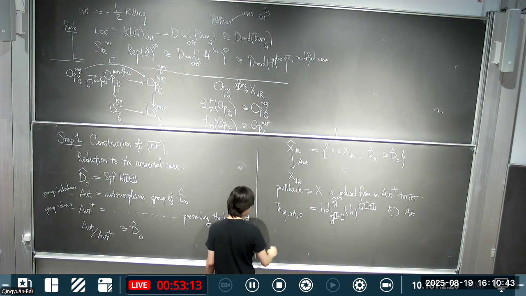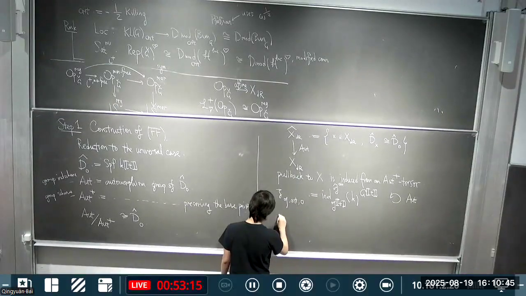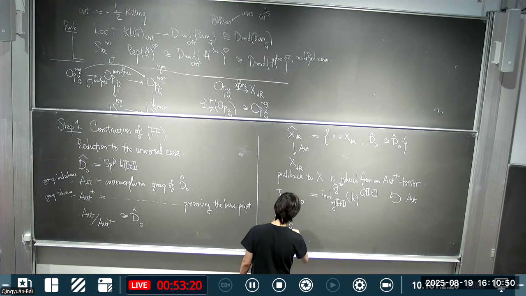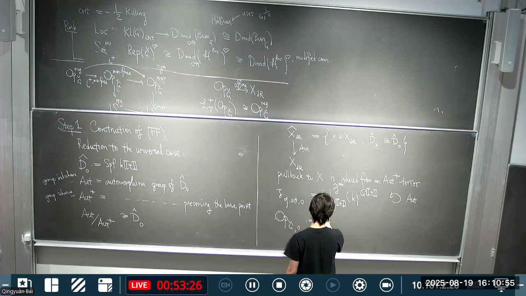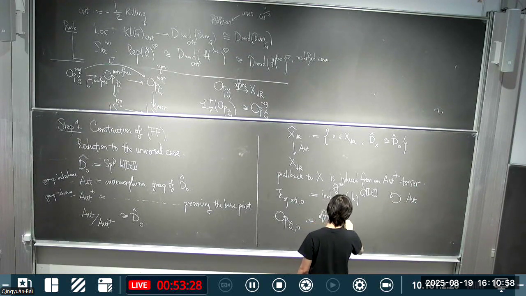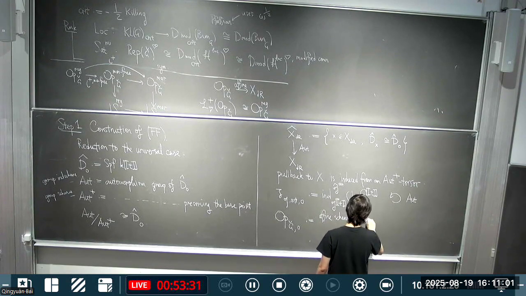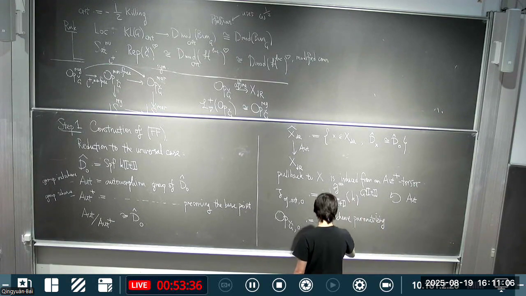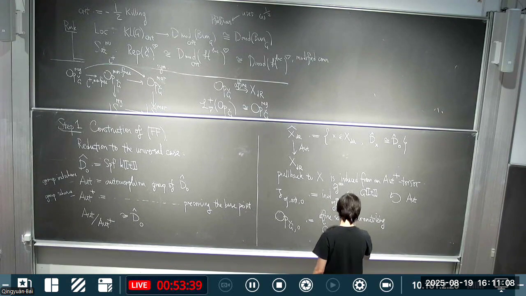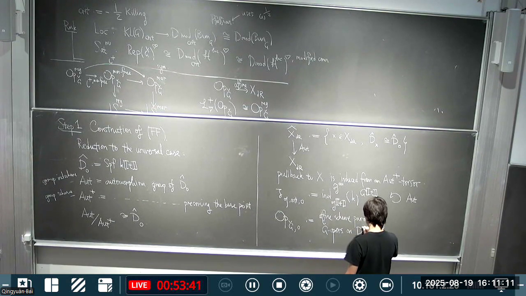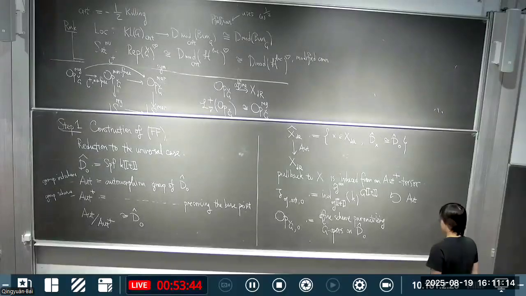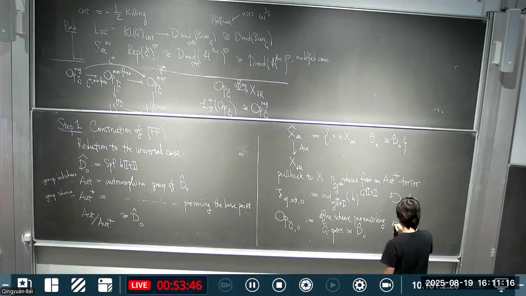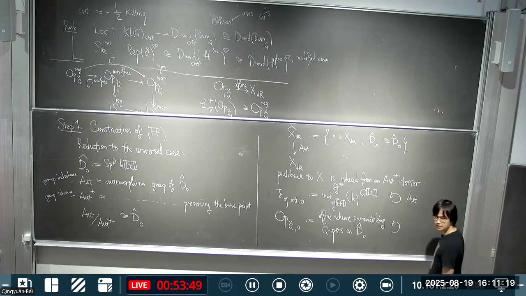And on the other hand, I can do this for opers. Let me say standard opers, G-check opers at 0. So this is defined to be just the affine scheme parametrizing G-check opers on the formal disk. And this is also acted on by Aut as automorphism of this D hat.